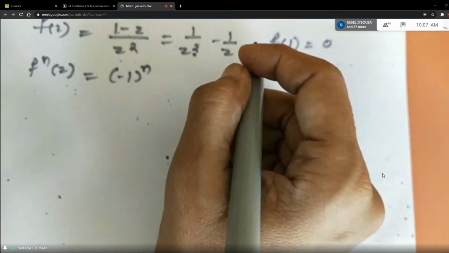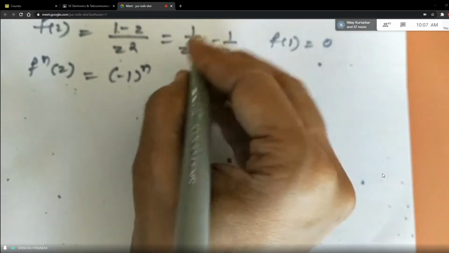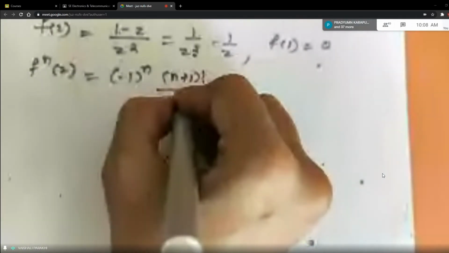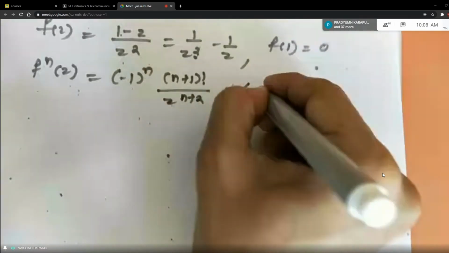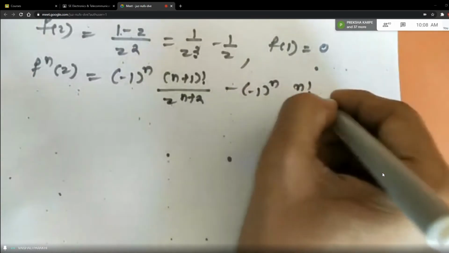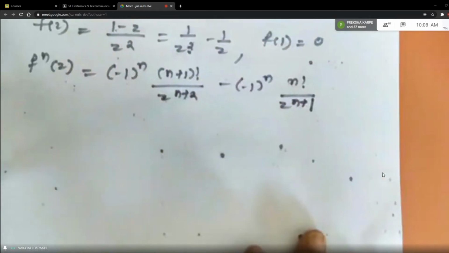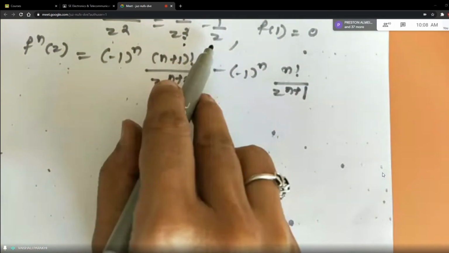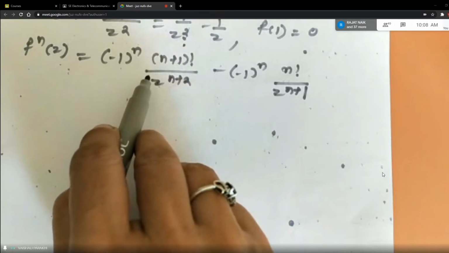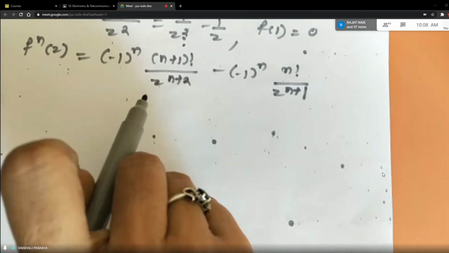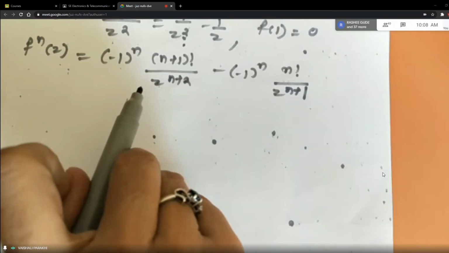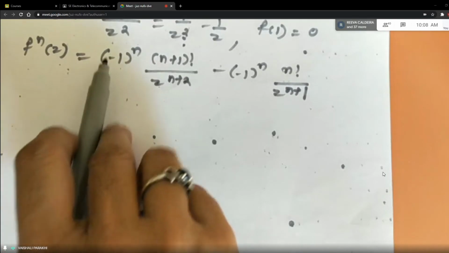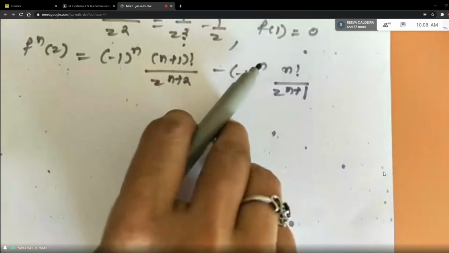And then the numerator I'm writing as (n plus 1) factorial divided by z raised to n plus 2, minus (minus 1) raised to n, n factorial upon z raised to n plus 1. So see students, these are the direct formulas for the nth derivative of 1 upon z square and 1 upon z. Okay. To find out the nth derivative, we use the Leibniz formula which you have done in your first semester. So there, under successive differentiation, we get these as the nth terms for these two.